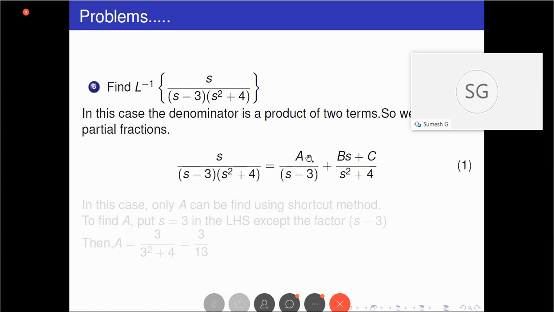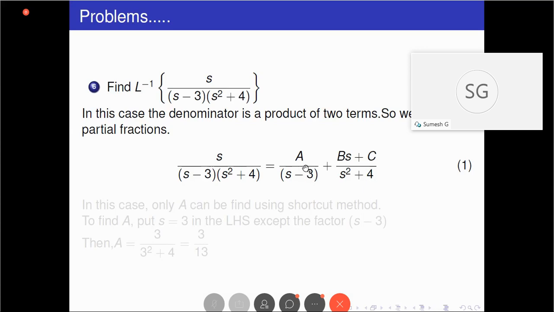This is the partial fraction form: A by s minus 3 plus bs plus c by s square plus 4. Here the coefficient a corresponds to non-repeated first degree term s minus 3. So only a can be found by shortcut method. B and c are found by the general method because b and c correspond to the second degree term.